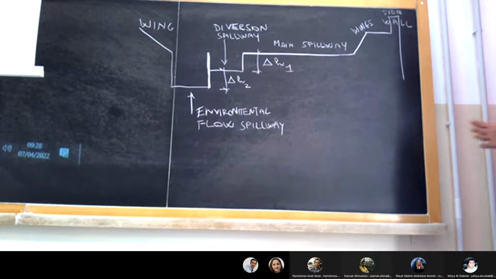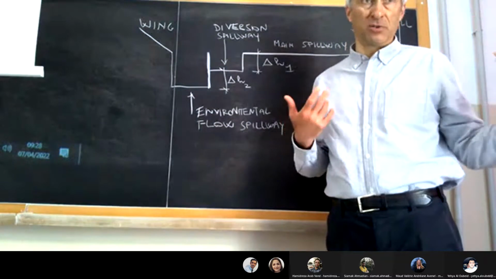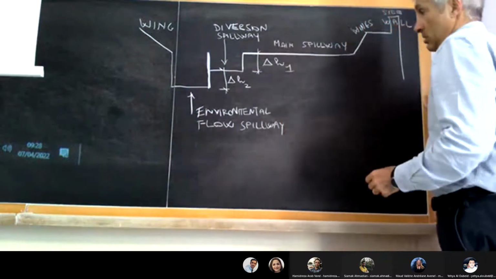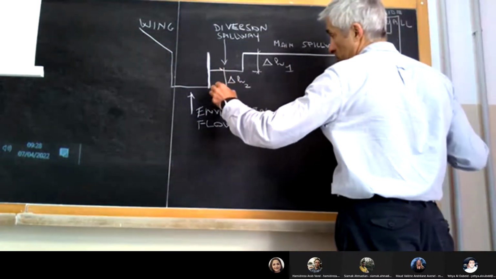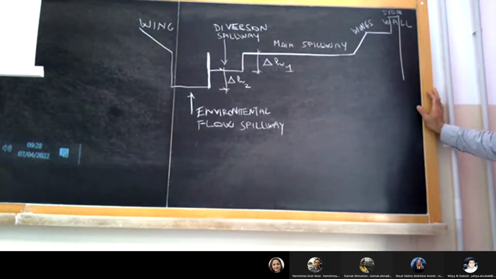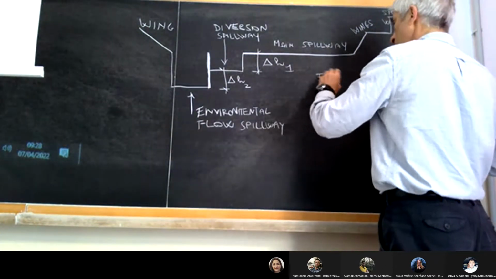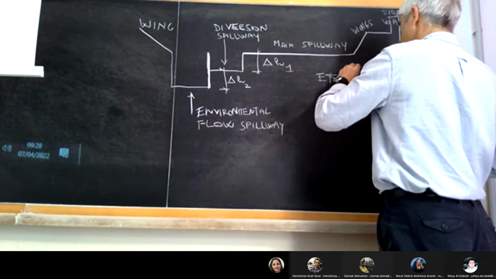Now, my question is, after considering the recommendation that we discussed just 5 minutes ago, how can I compute these differences in elevation, delta H1, delta H2? First, remember that environmental flow, let me call it EF, has priority.